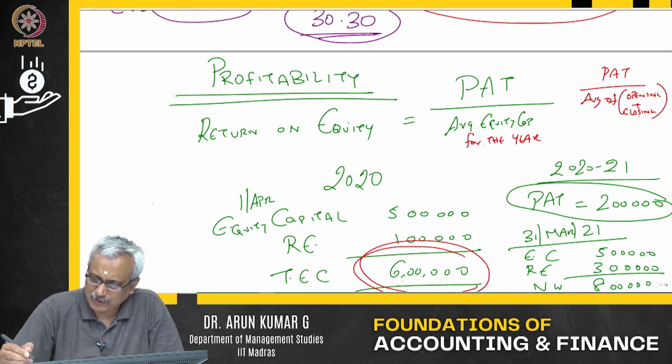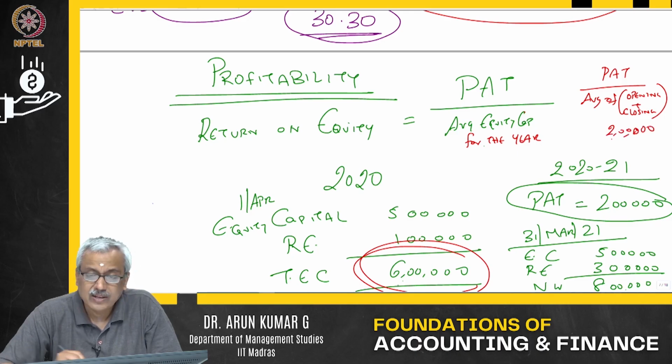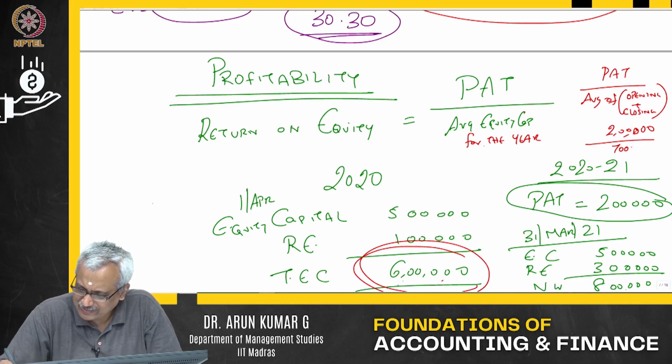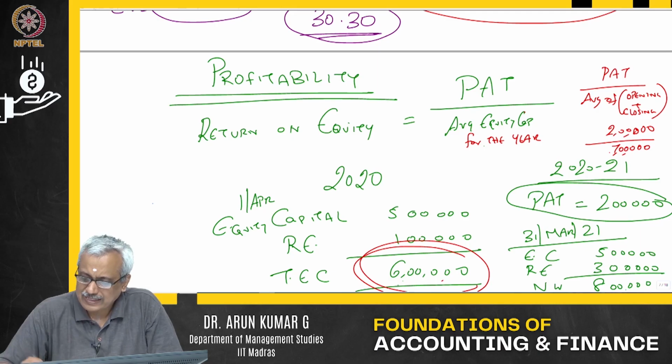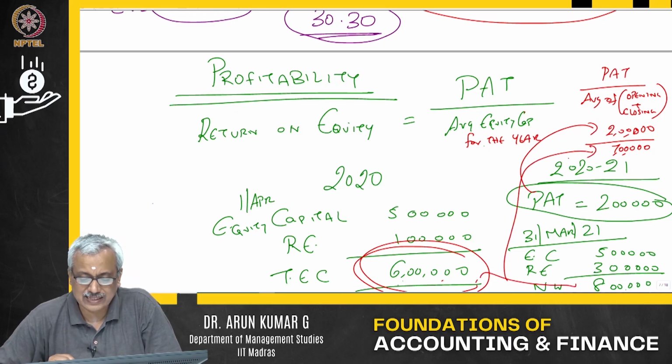So, what happens in this particular case? For this particular year, my PAT is 2 lakhs. What is my average capital? 6 plus 8, divided by 2, 7 lakhs. This is my average. My PAT is 2 lakhs, and the average of these two comes to 7 lakhs.